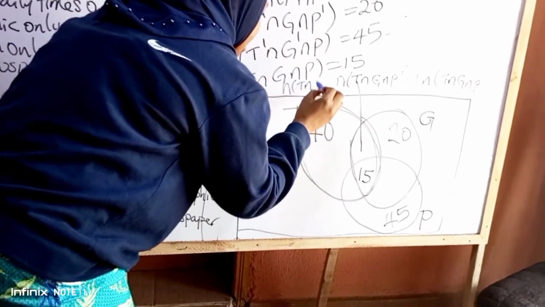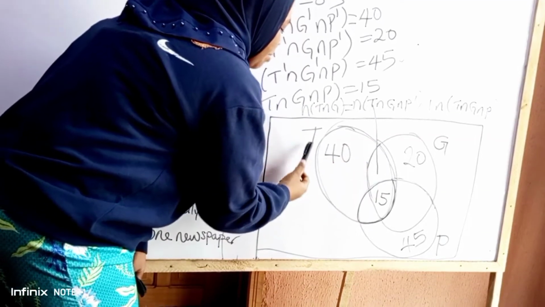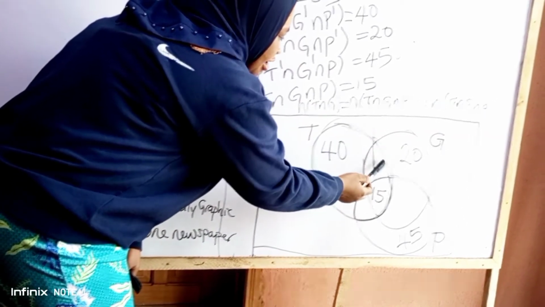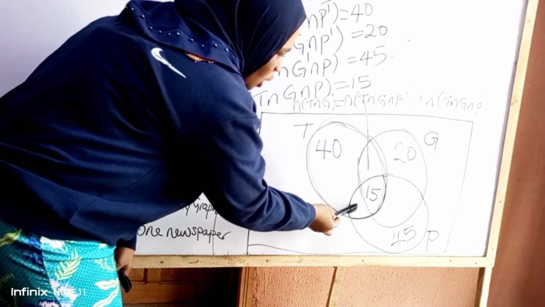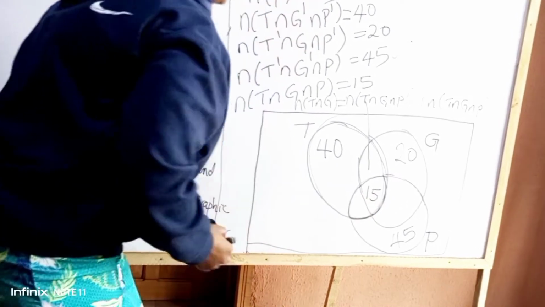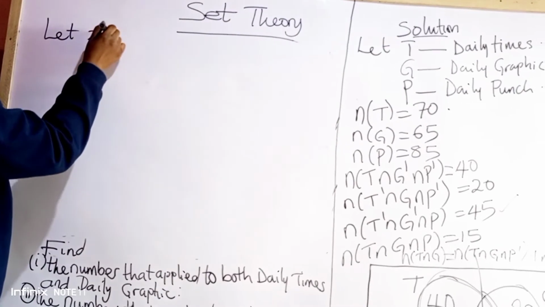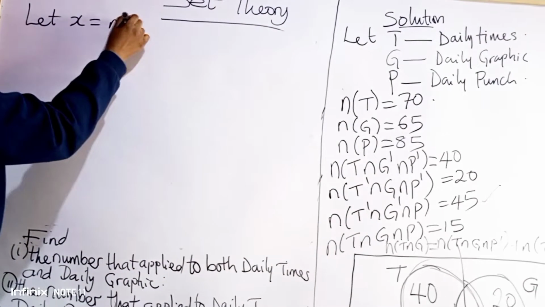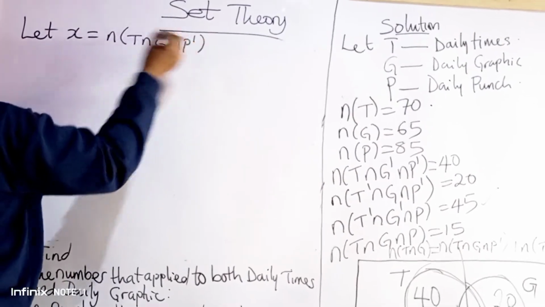So I want to use alphabets to represent Daily Times and Graphic only, then Daily Times and Punch only, and here is Graphic and Punch only. So let X be equal to Daily Times and Graphic and not Punch.